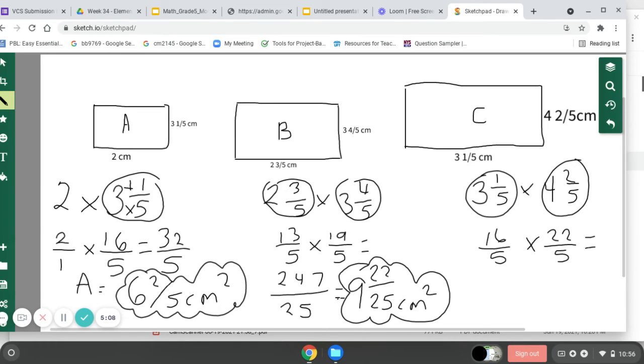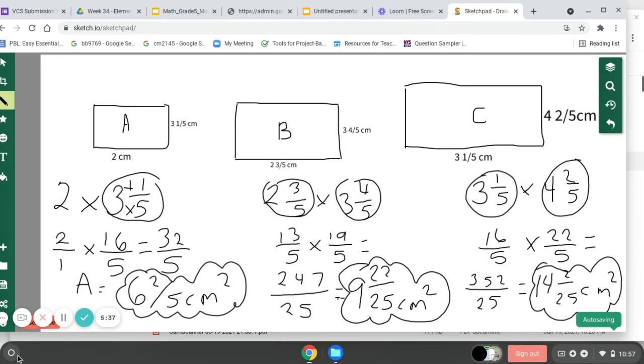And when we multiply it out, we get 352 over 25, which gives us a final area of 14 and 2/25 centimeters squared. So we have the areas of each of these 3 rectangles.